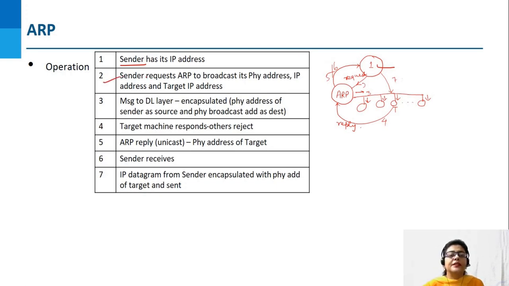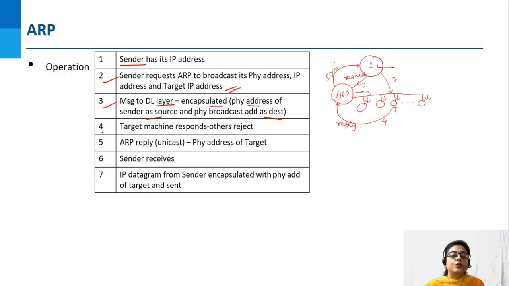So it sends the ARP request, which is broadcast, with its physical address, the IP address and the target address. The ARP request is sent and it is received by all the devices. The message to the data link layer is encapsulated with the physical address of the sender as the source and the physical broadcast address as the destination.